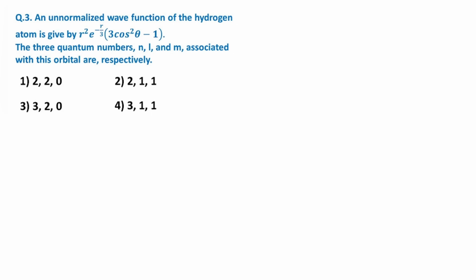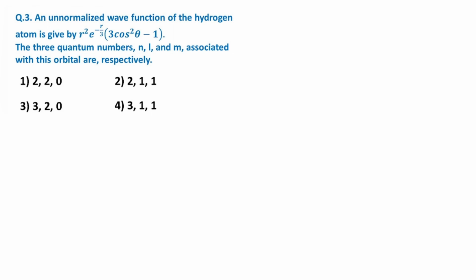There is no phi dependent part here. Only the R dependent and theta dependent parts are given. So the question is, the three quantum numbers n, l and m associated with this orbital are what?